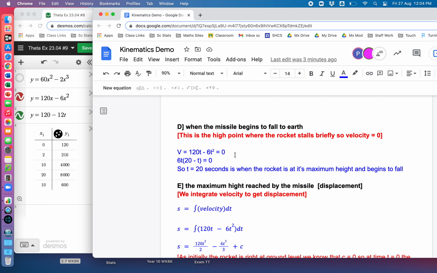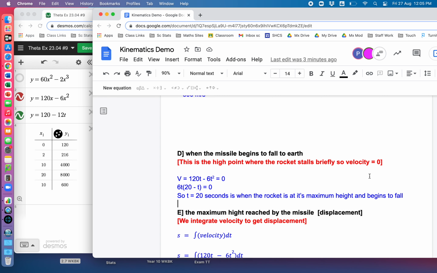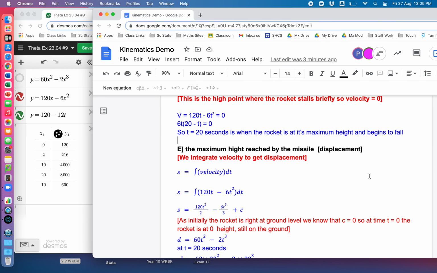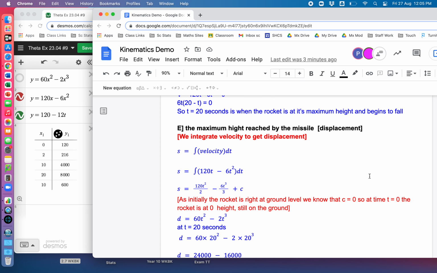So velocity is 0. To factorize, t equals 0 I won't use, it's not practical. T equals 20, that looks good. So 20 seconds is when the rocket is at its maximum height and begins to fall. Okay, it's as high as it's going to get.